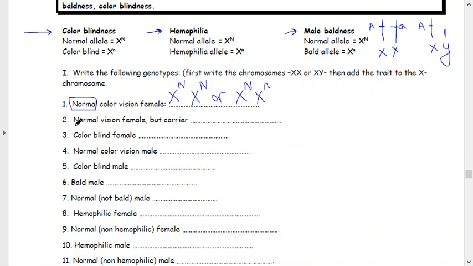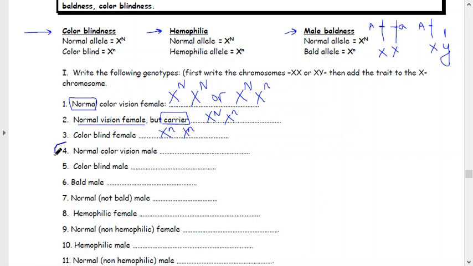Now here they tell you, okay, she is normal, but she's a carrier. So here they're specifying we only care about the heterozygous condition. And then you can keep going. Colorblind female would have to have 2 recessives because she's colorblind. That means there are no dominant normal alleles for her.